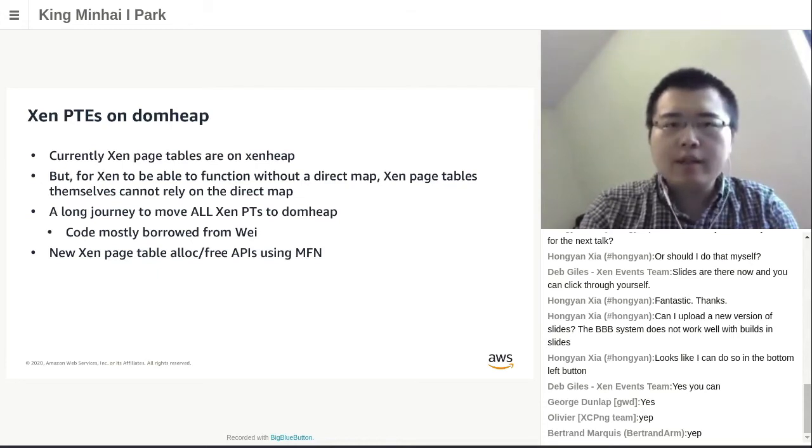Basically, we now have a new API to allocate and free Xen page tables, based on MFN instead of the direct map address, which means that you need to allocate and free. And when you want to access those pages, you also have to call map explicitly instead of just using the direct map window to access the memory.